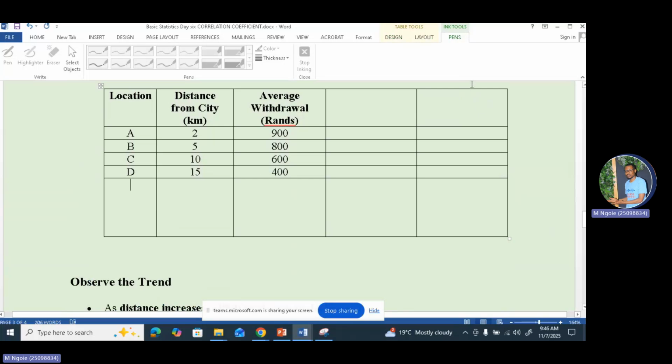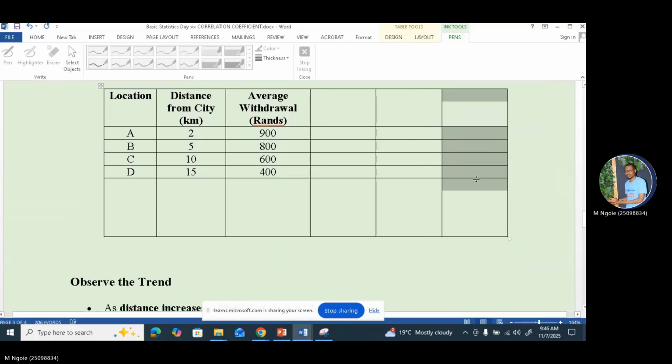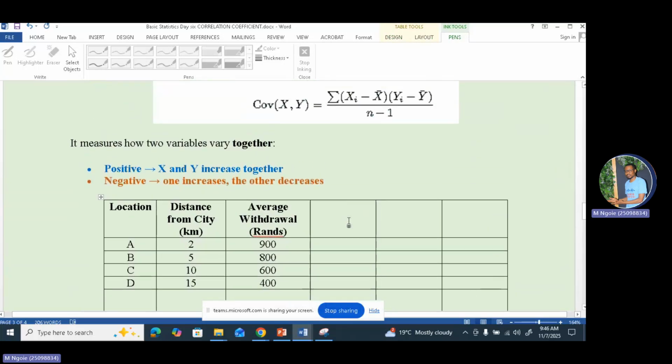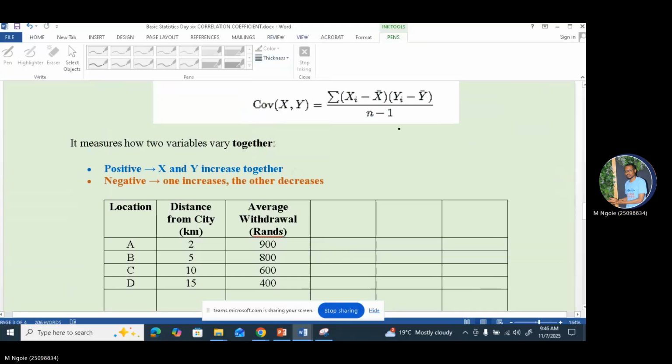Maybe I can also insert the third one. So here what we're going to do, for me it's going to be x minus the x bar, right? So this is this one here.